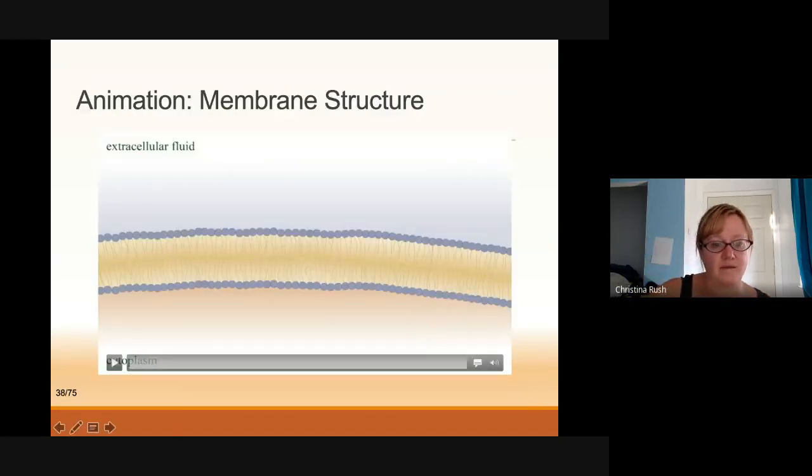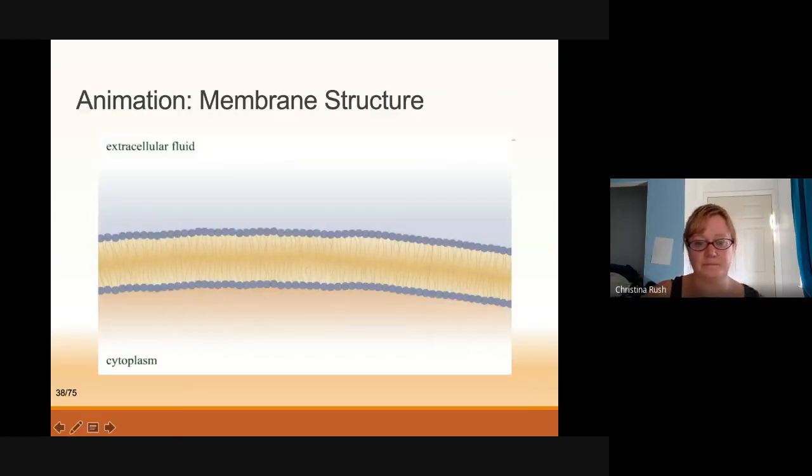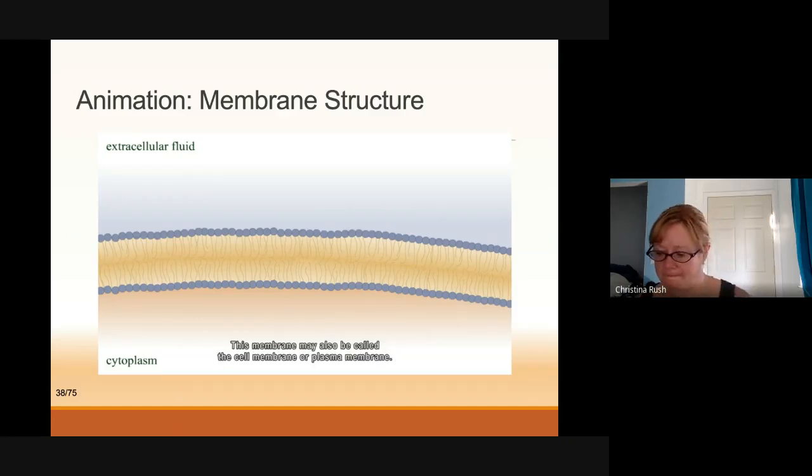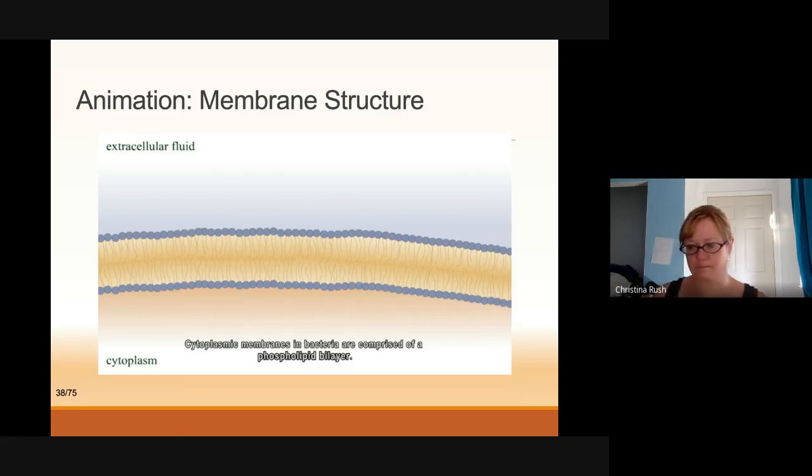So here we have an animation. The cytoplasmic membrane of a prokaryotic cell is the main gateway for movement of molecules in and out of the cell. This membrane may also be called the cell membrane or plasma membrane. Cytoplasmic membranes in bacteria are comprised of a phospholipid bilayer.